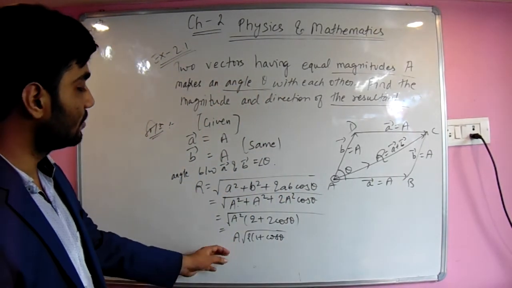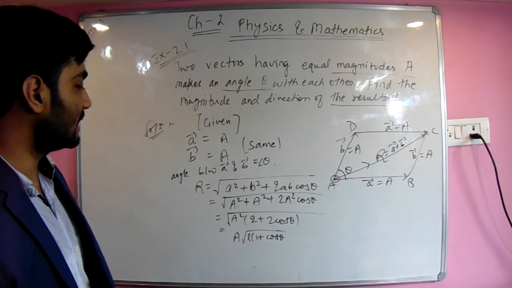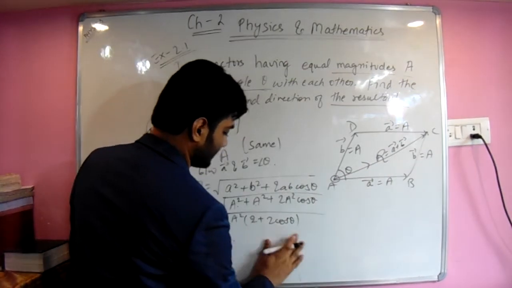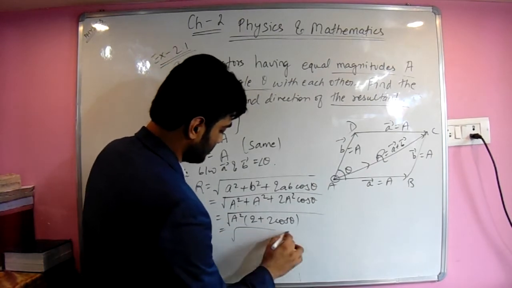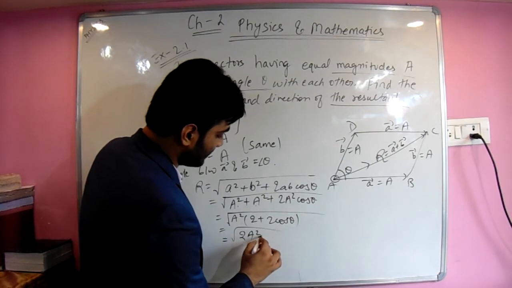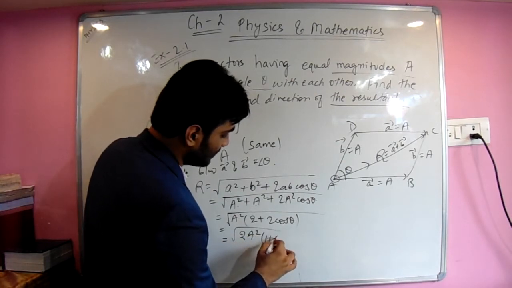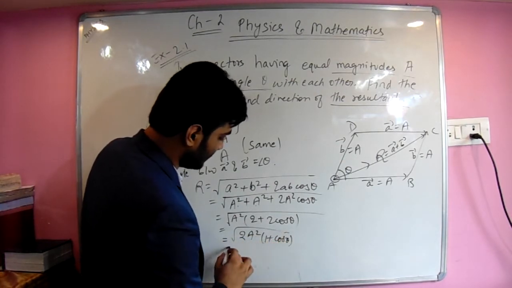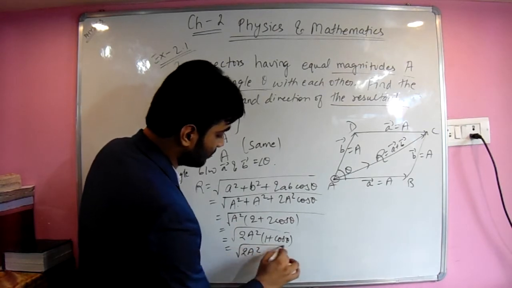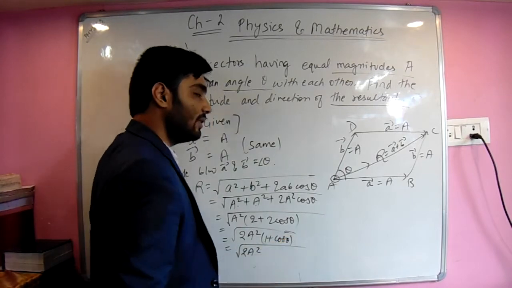If we solve like this, 2 common, A squared, then 1 plus cos theta, the answer is 2A squared under root, 1 plus cos theta.